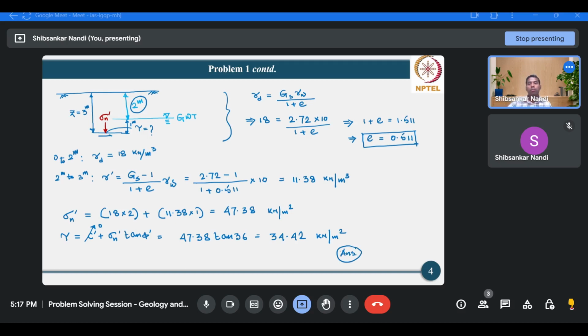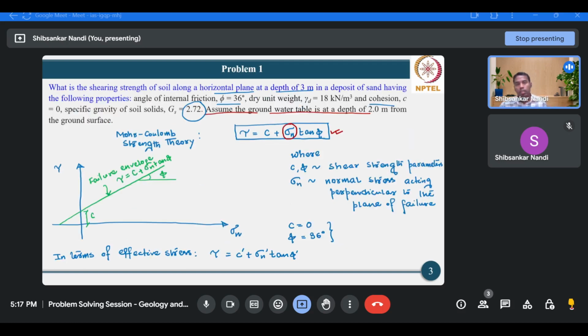Okay, therefore when the shear strength parameters of a soil are given, you can determine the shearing strength of that soil along any plane if you know the normal stress which is basically acting on that plane.